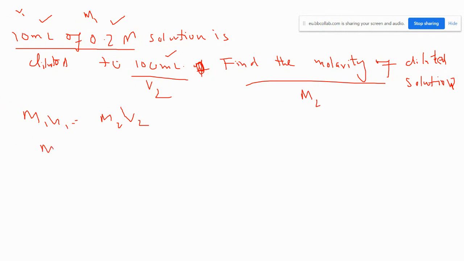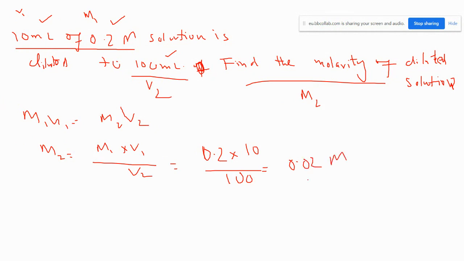M2 will be equal to M1 times V1 divided by V2. So we have the same thing, 0.2 molar multiplied by 10 ml divided by 100 ml. It will be 0.02 molar. This is the question. Clear?